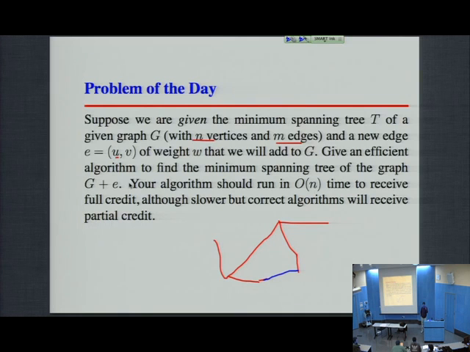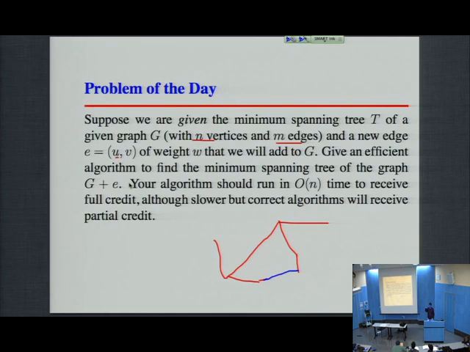How much time will it take to update the spanning tree if I delete a particular edge? Does everybody see it? The graph G has n vertices and m edges. I am given the tree, I am given G. I am now told, take out this edge from the graph. How does the minimum spanning tree change, and how would I update that?